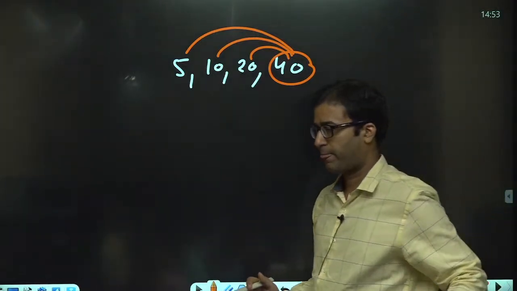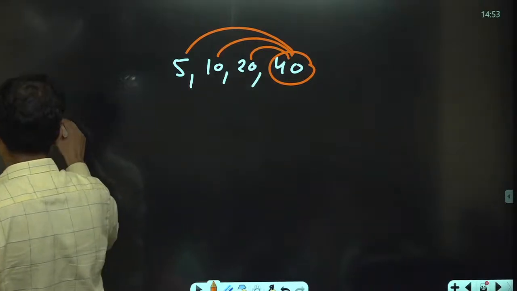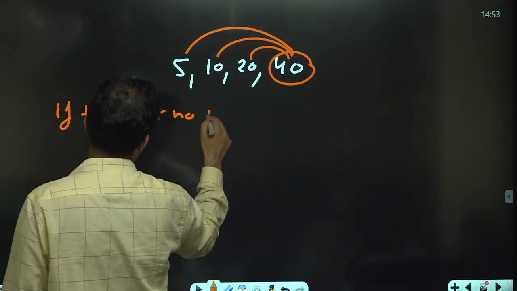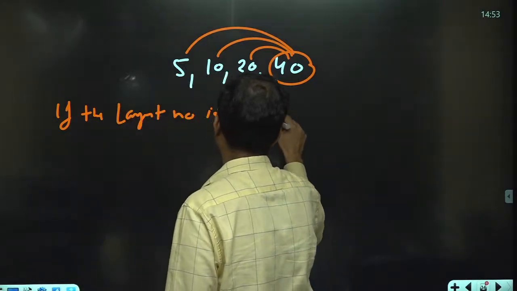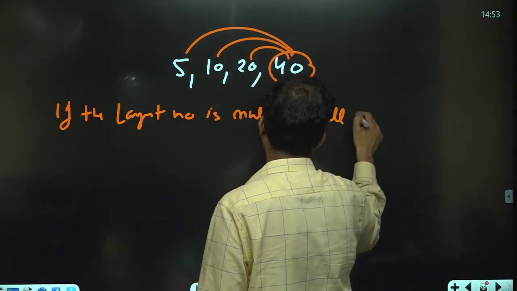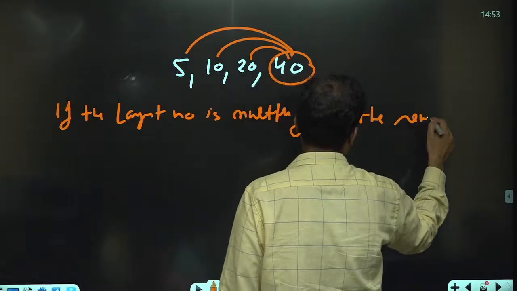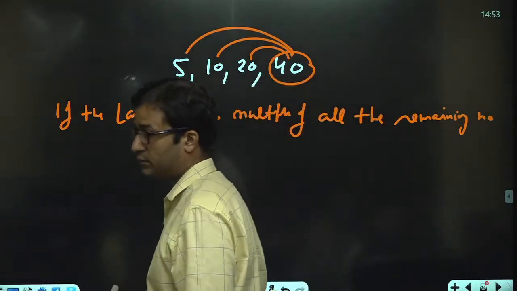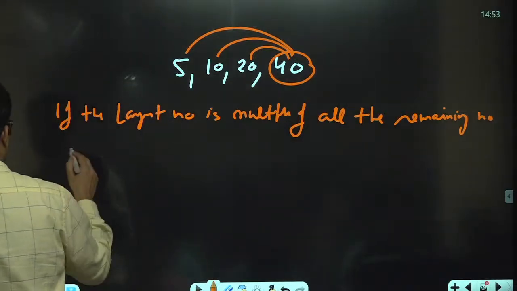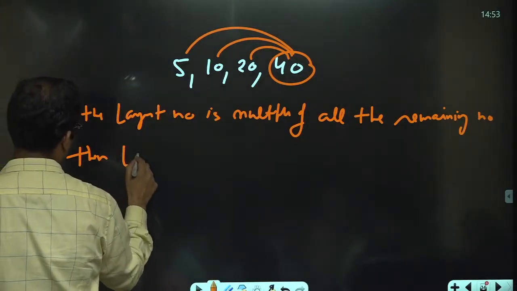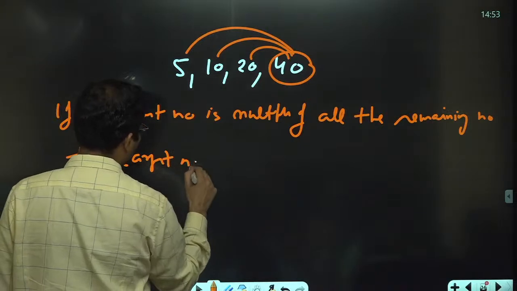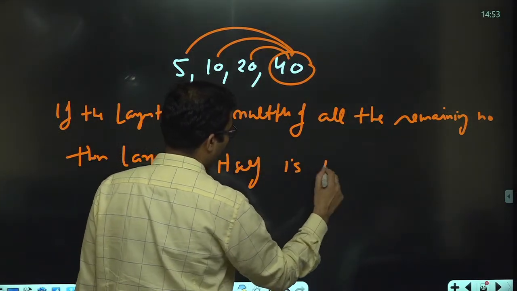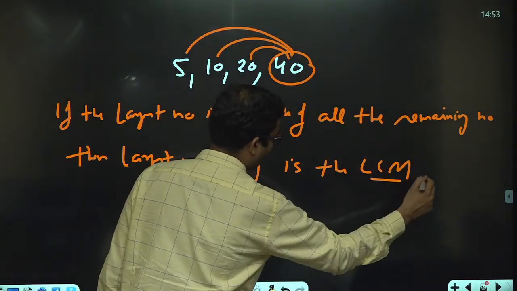Write it down: if the largest number is a multiple of all the remaining numbers, then the largest number itself is the LCM.